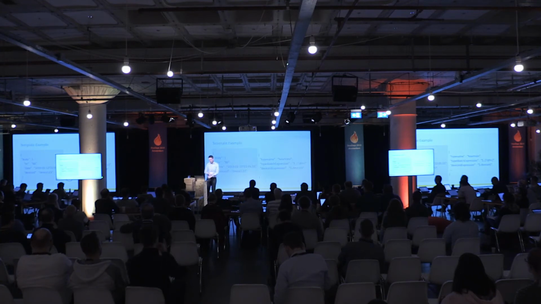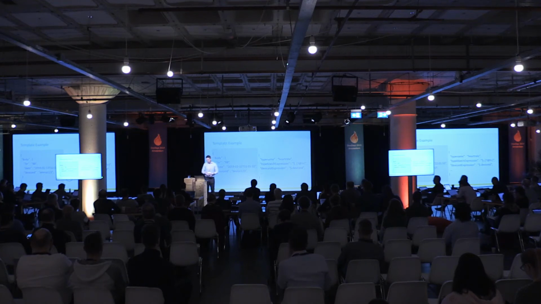Here's a quick example of a template. On the gray shaded area is an example of a very simple message payload that might be coming in. So we have a JSON payload, and we have a body element, and then we have properties with heart rate, date, and device ID. On the template, we give the template a type name.